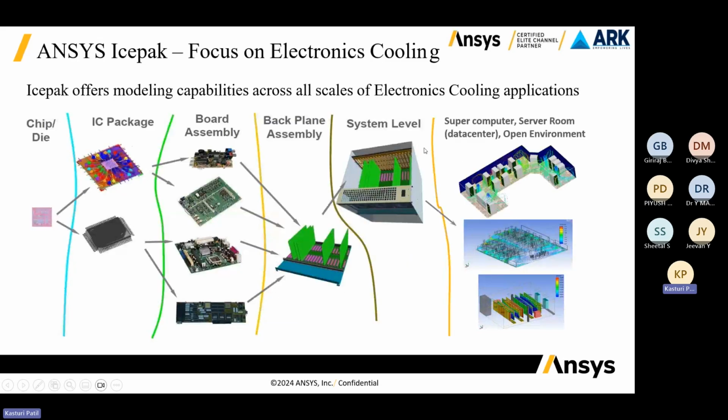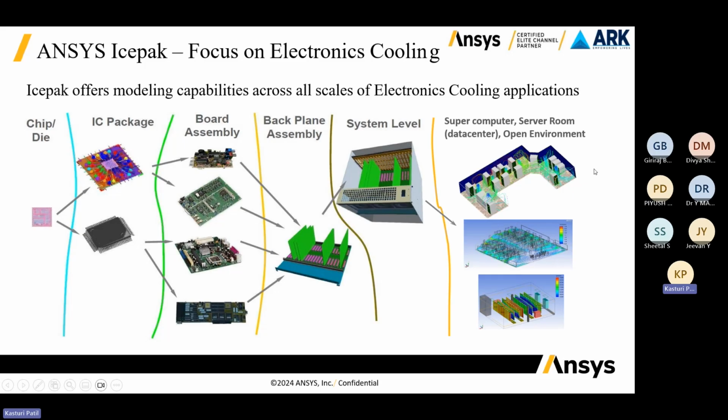This is one of the important parts, where all PCBs have to go through the electronic cooling process. The tool name is Ansys Icepak. This tool is mainly used for thermal management, where we can see how much heat is generated in a particular board, either chips, IC packages, or board-level assemblies like Arduino or Raspberry Pi boards, backplane assemblies, system-level simulations, or a supercomputer or server room.